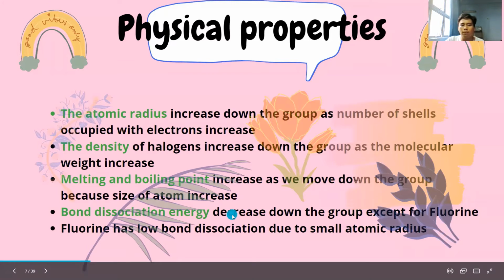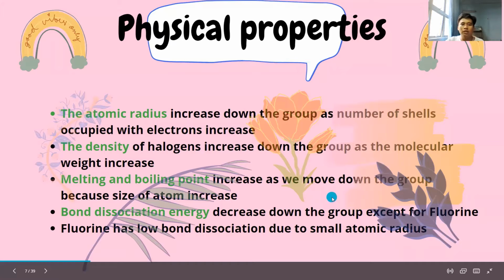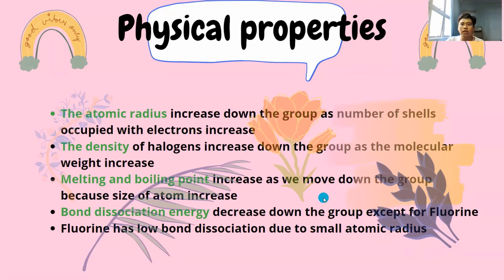The bigger the atom, the easier it becomes for the valence electron to be released. However, fluorine has low bond dissociation energy due to the small atomic radius and the absence of d shells. I will pass to the next presenter.